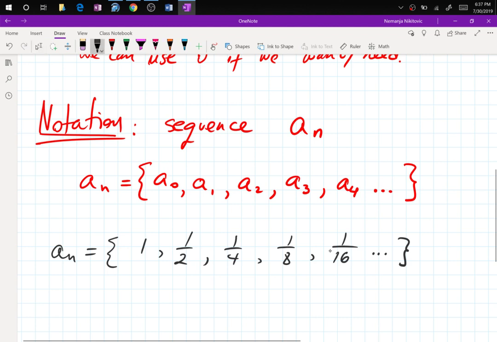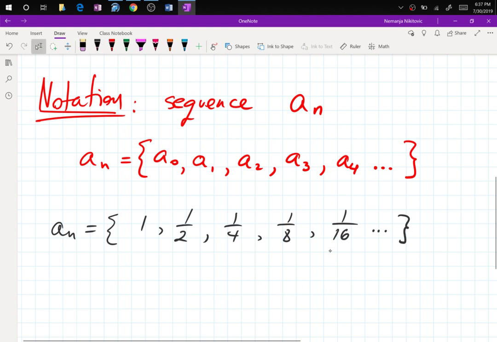It's a list of numbers. And if you carefully look at this, you have 1 as 1 over 1. You see that the denominator grows as the exponent of 2, right? So we can write this as a_n is equal to 1 over 2 to the n, where n starts at 0 and goes on forever.